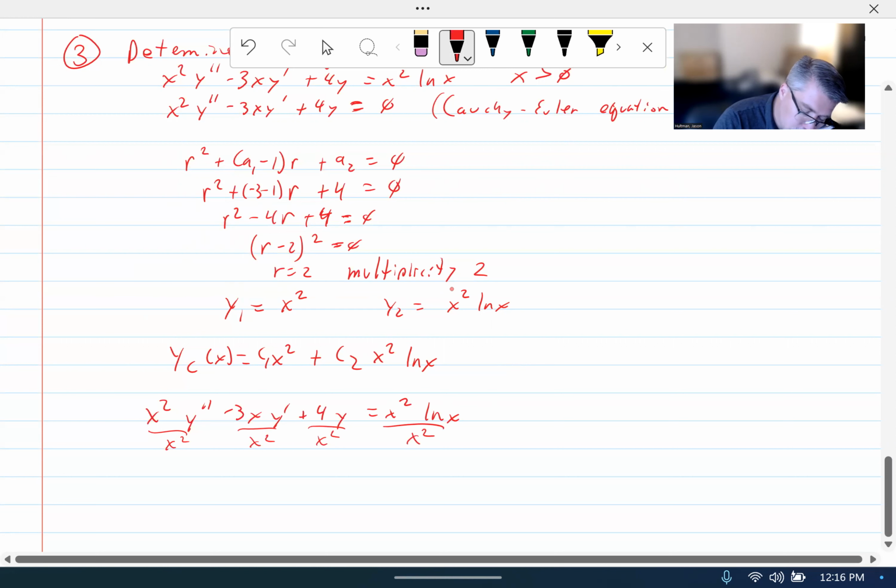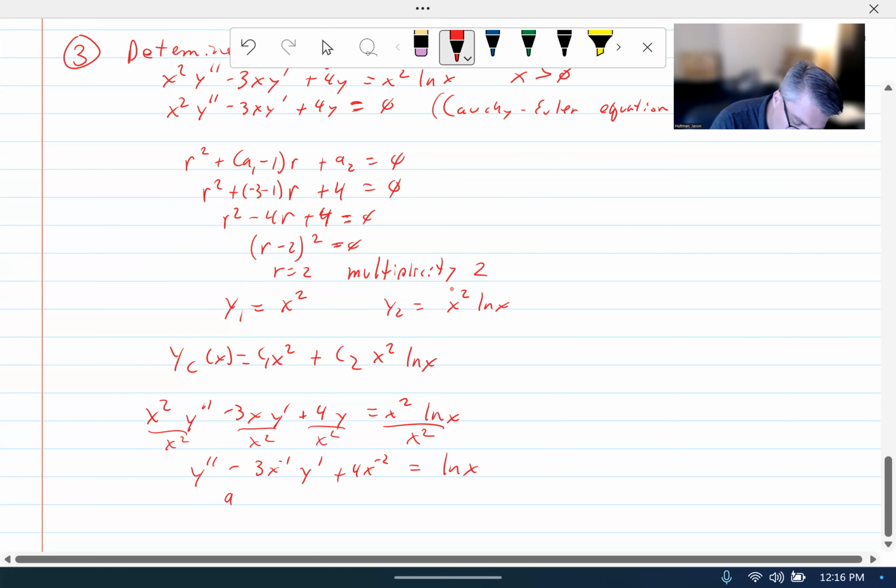Okay, and I'm going to get y double prime minus 3x to the negative first power y prime plus 4x to the negative second power y equal to natural log of x. And now it's in standard form.